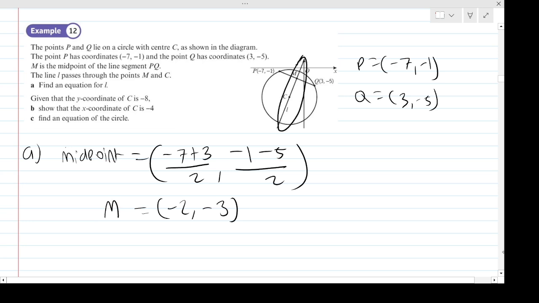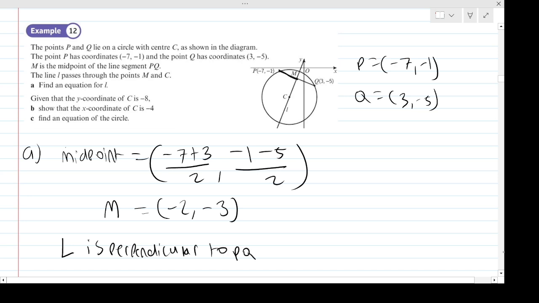We need another point, which actually we know it also goes through C. Again, that's this line here. It goes through C, but we don't know what C is. We're not given the equation of the circle. But what we should recognise is that L is going to be perpendicular to the line PQ.